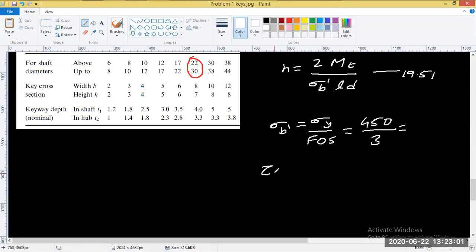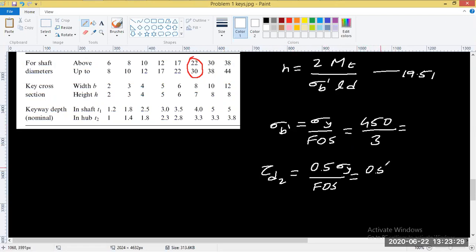Similarly, shear stress tau d2 is the standard notation, tau d2. So this is given as 50% of yield, 0.5 sigma y by factor of safety. So this is the standard formula. Crushing and shearing stress, standard formula what we use.